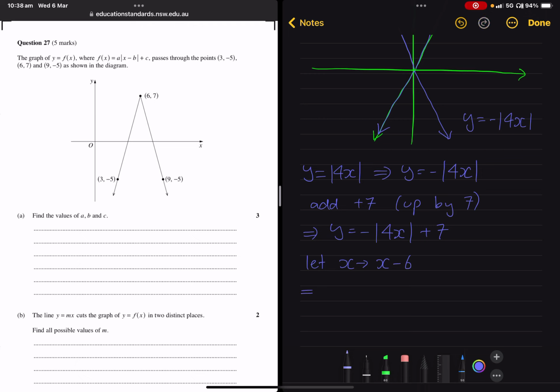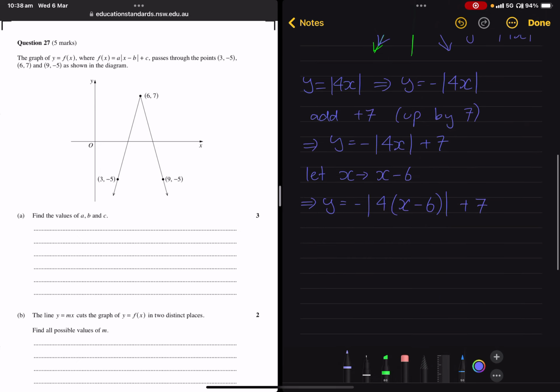So this will give us y equals negative absolute value of 4 times (x minus 6), all plus 7. So now this is a form of the correct answer.